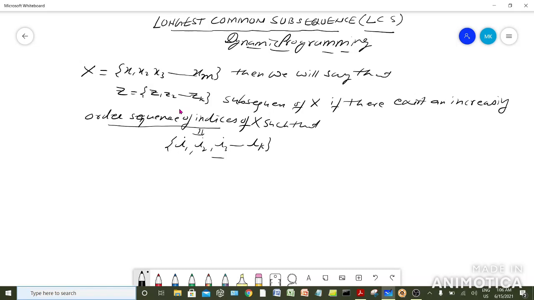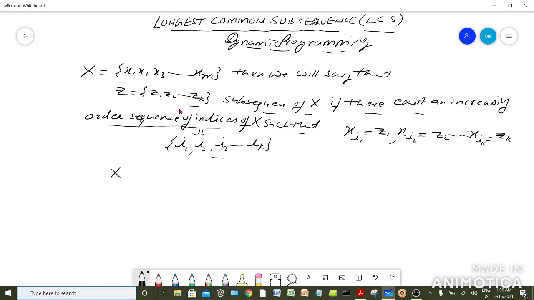So Z, which is equal to z1 up to zk, will be called a subsequence of X if there exists an increasing order sequence of indices of X such that x of I of 1 is equal to z of 1, x of I of 2 is equal to z of 2, and x of I of k is equal to z of k. Fine. So let us try to understand it through an example.